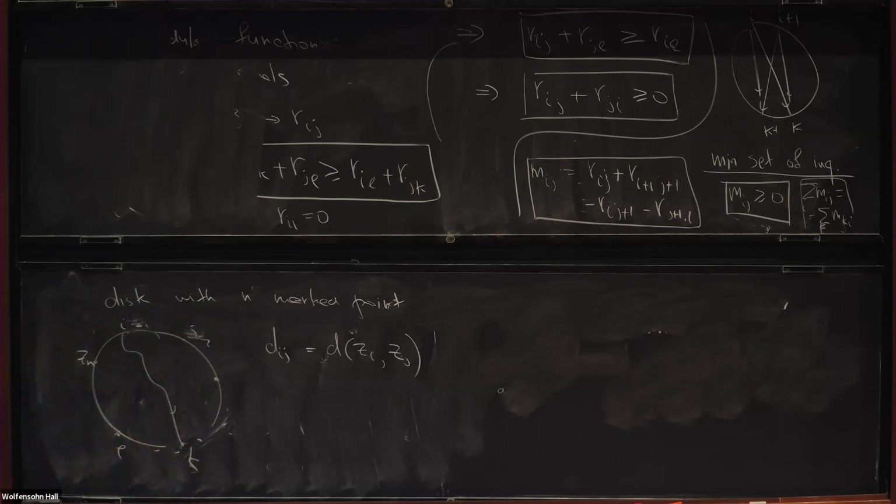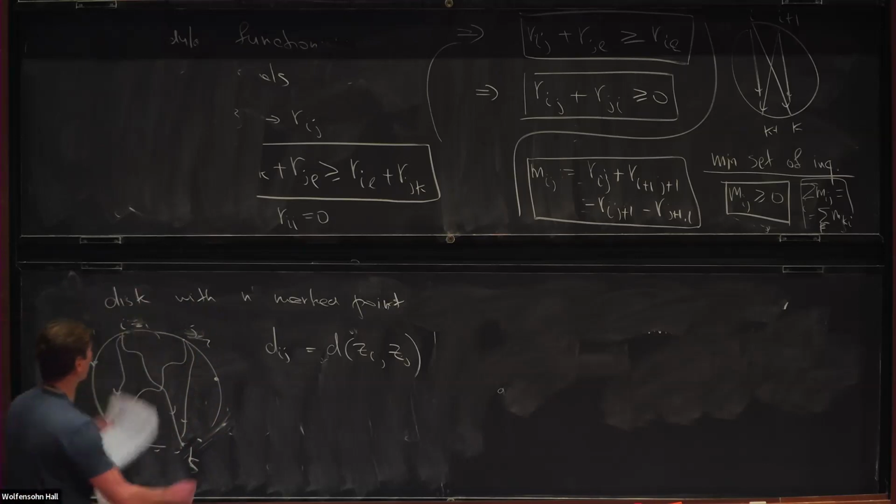You find the distance from i to k, and then the distance from j to l. Then notice that these two geodesics should intersect. That means that, using the triangle inequality on a disk, we get exactly these inequalities.